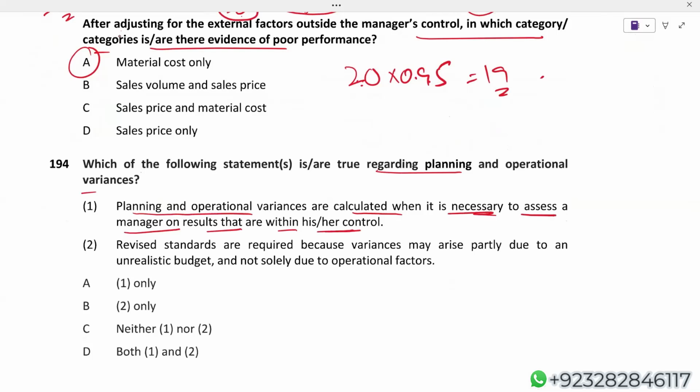Makes sense. When do we calculate especially the planning variance? When it is necessary. Then we calculate operational variances to assess the manager on the results that are within his or her control. That makes sense.